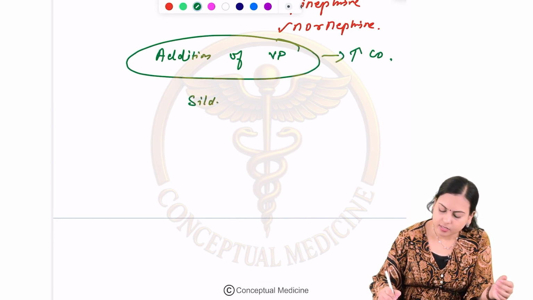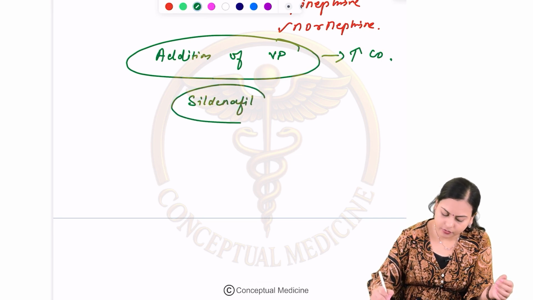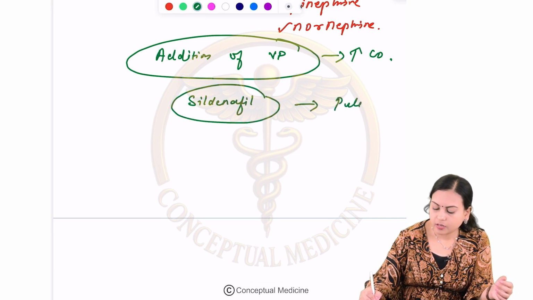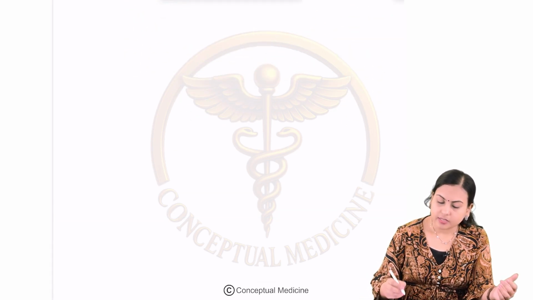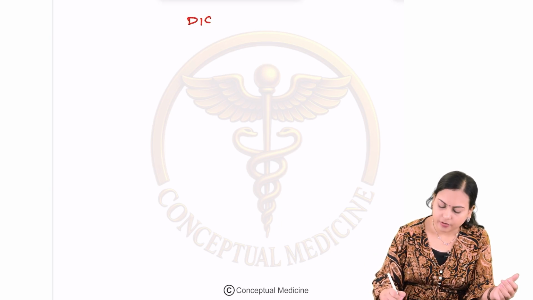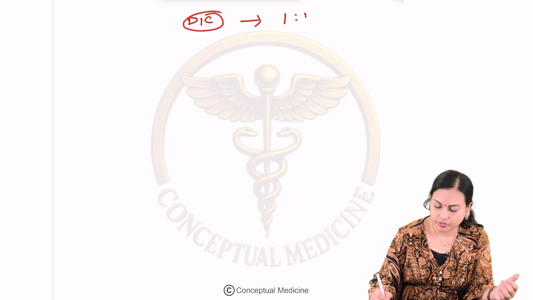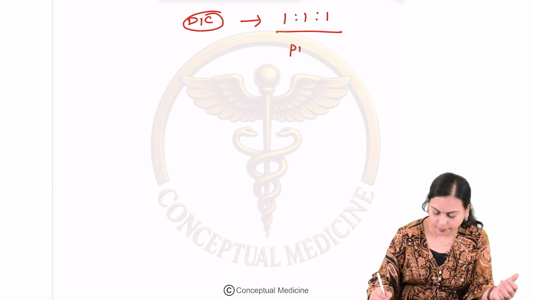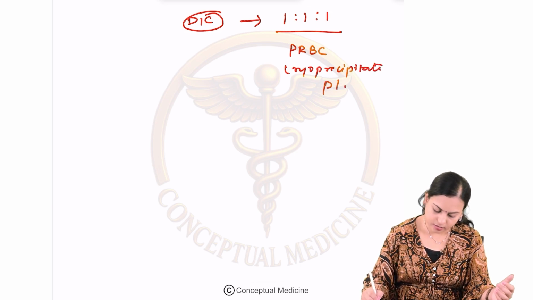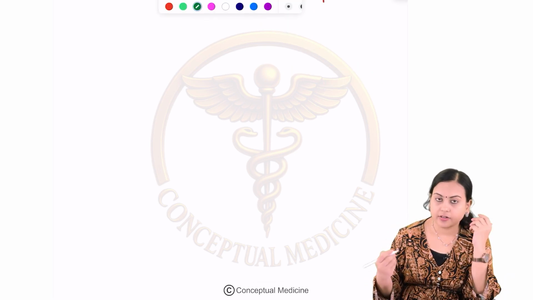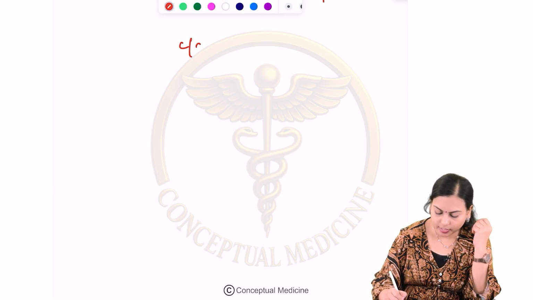Drugs like sildenafil can be used to bring about pulmonary arterial vasodilation. If there is DIC in amniotic fluid embolism, you have to transfuse a 1:1:1 ratio of PRBC, cryoprecipitate and platelets. Regarding the obstetric management, cesarean section is the preferred mode of delivery.